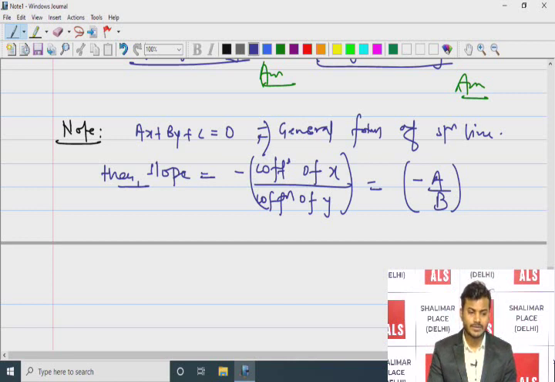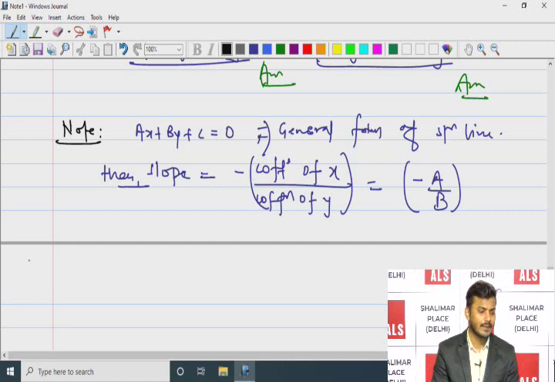Now we'll do some questions where you have to find the slope of some given line and use it to find out the required line. Information will be given in different ways. So let's do this question.